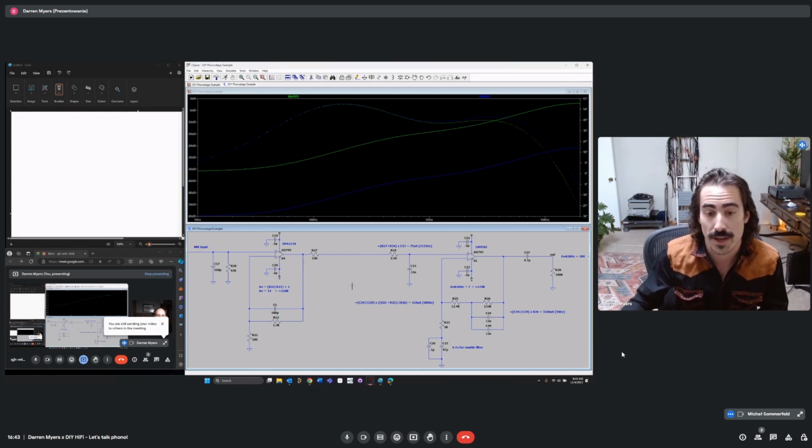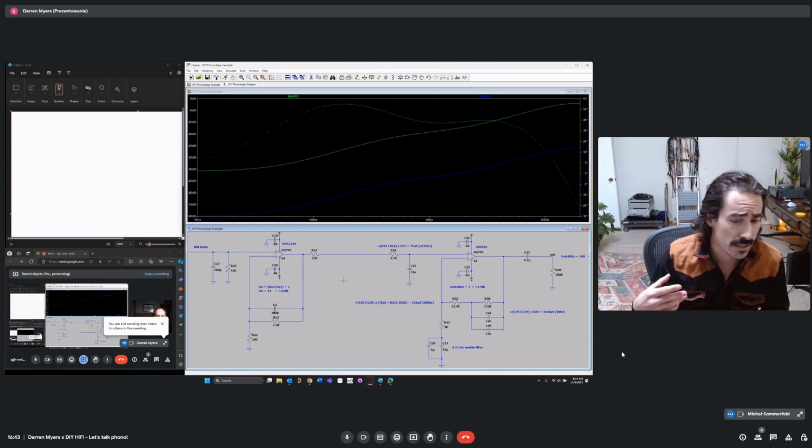We also care about the stability of the amplifier and the transient response, which are intertwined, as far as if it is in an unstable state, you're not going to have very good transient response. You could have peaking, overshoot on the transient.